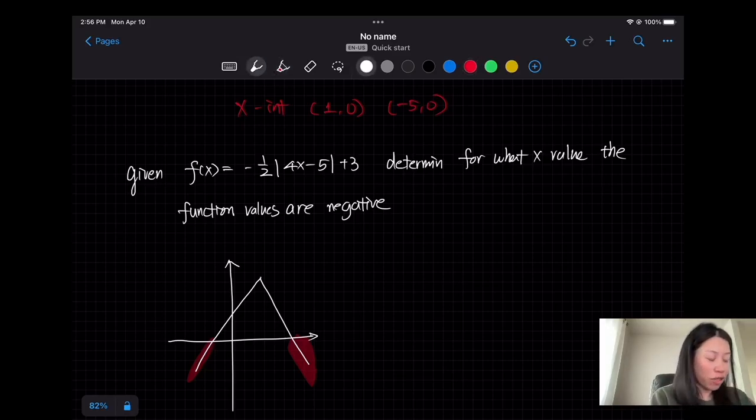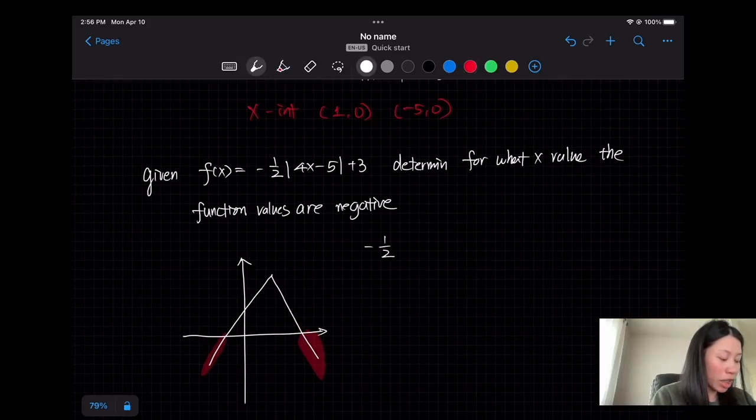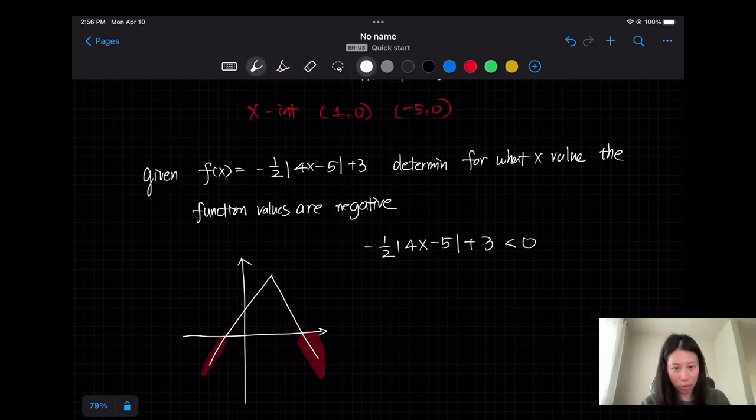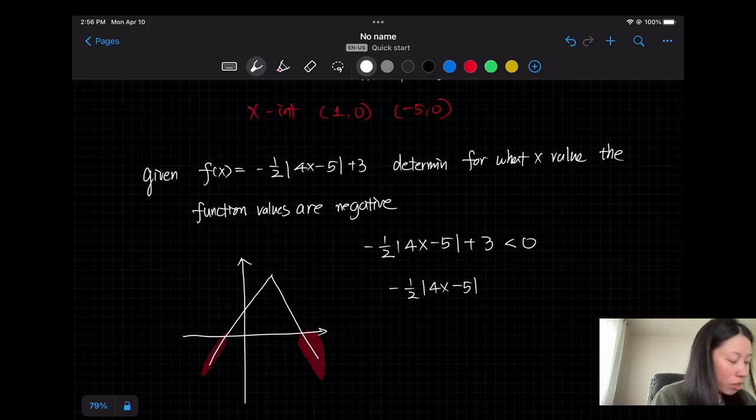So to solve it step by step, I want -1/2 |4x - 5| + 3 to be less than 0, because negative means the function value is less than 0. Now let's solve the inequality. So 1/2 |4x - 5| is less than negative 3.